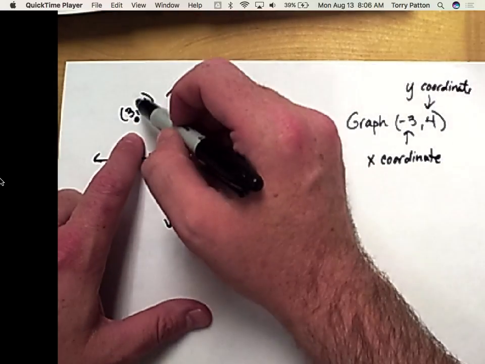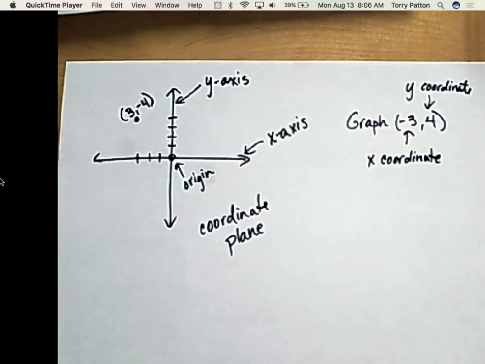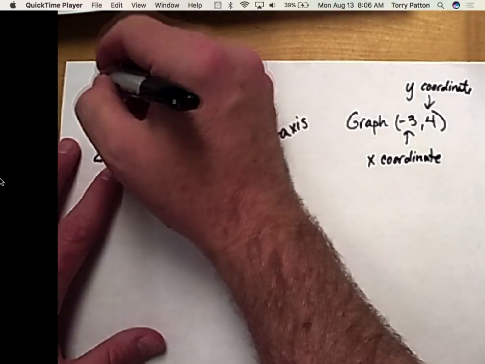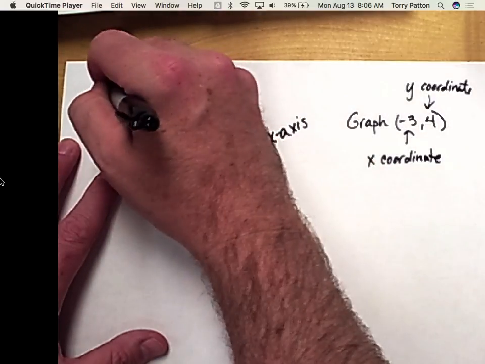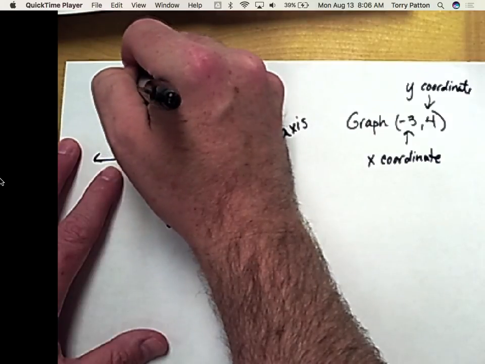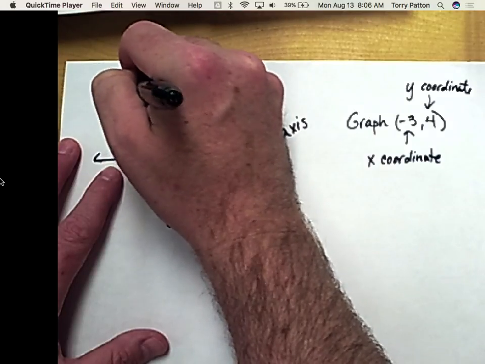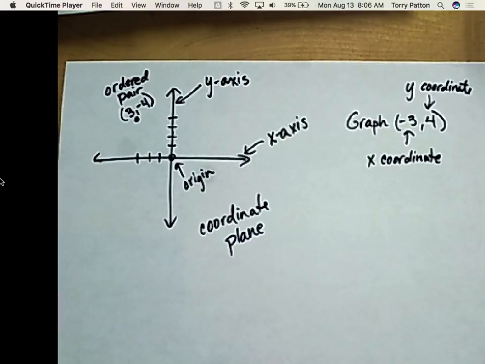This is called a point. It's also called an ordered pair. Now, one of the good things about math is a lot of times the word itself will tell you its mathematical meaning.